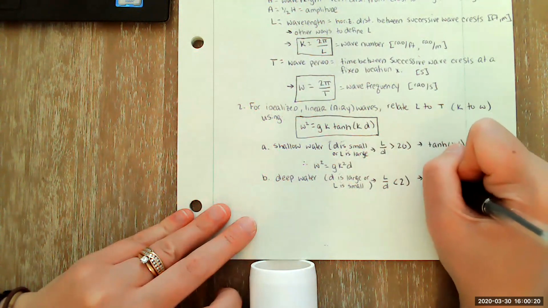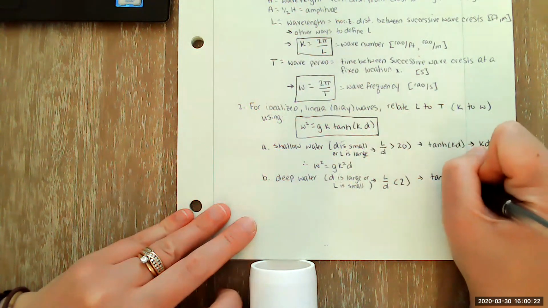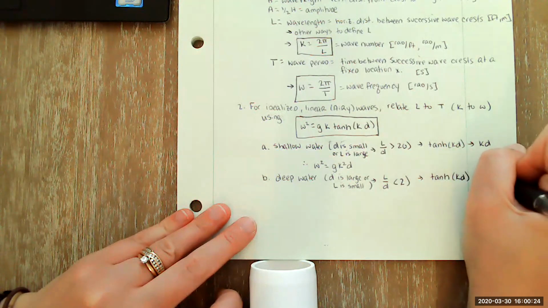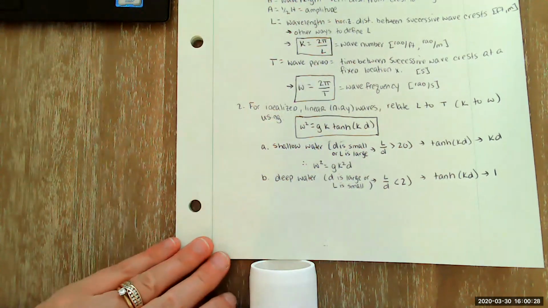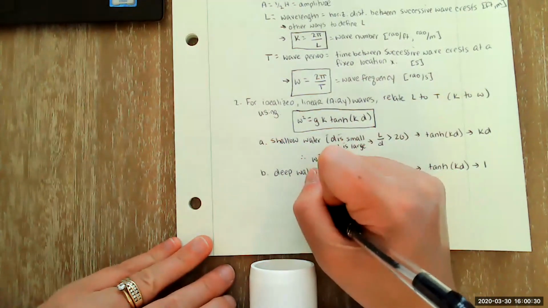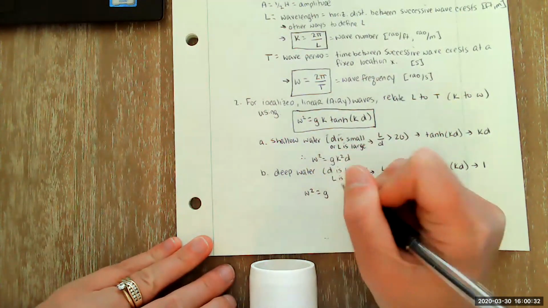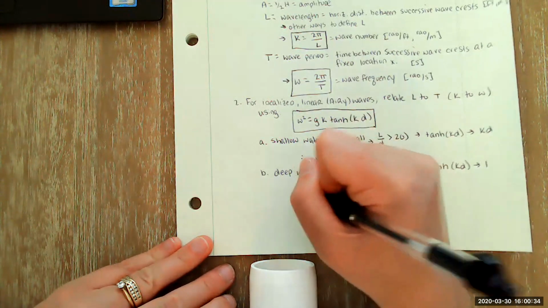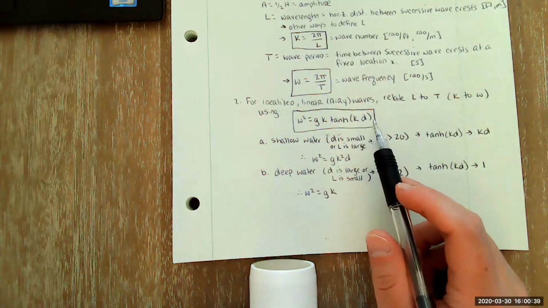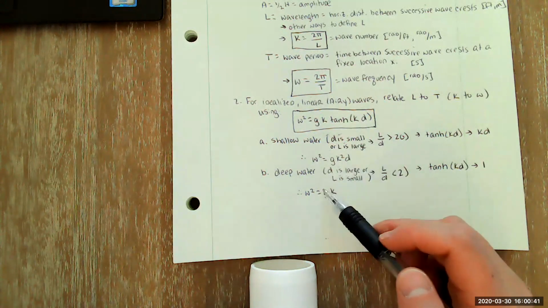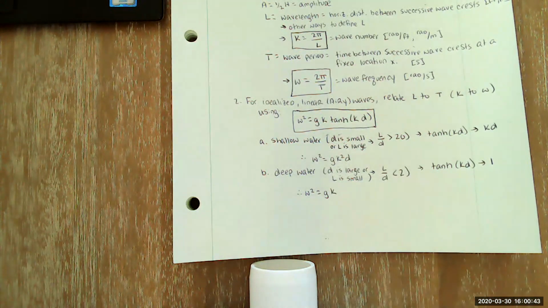Then we have the hyperbolic tangent of k times d goes to 1. And so we have omega squared is equal to g times k is how we can simplify our dispersion relationship. This boxed equation always works, so you don't ever need to plug in these equations, but it is a way to sometimes simplify your calculations.